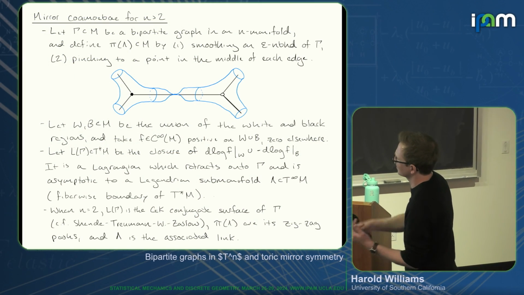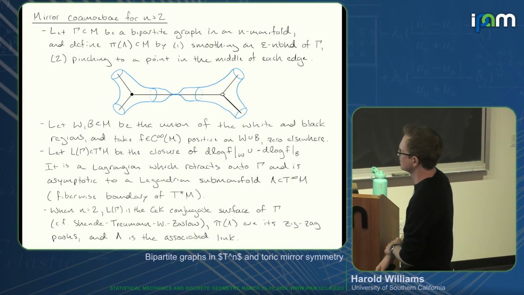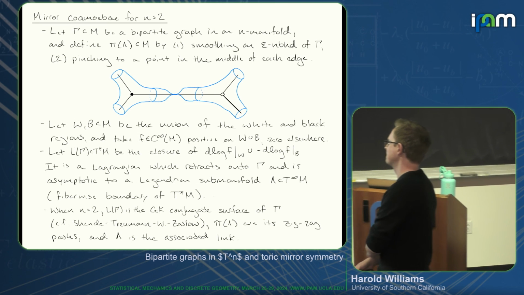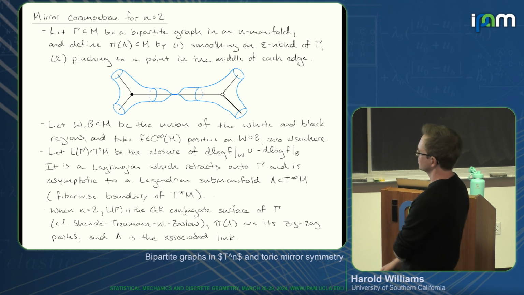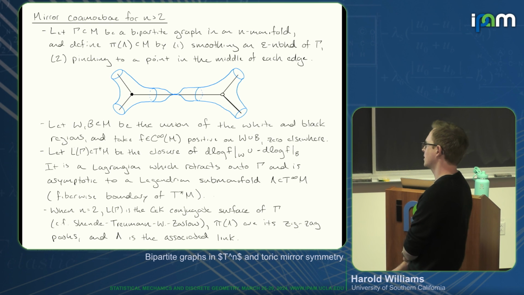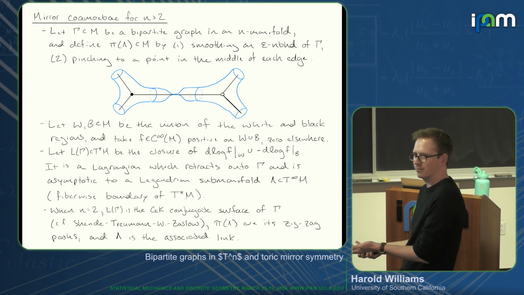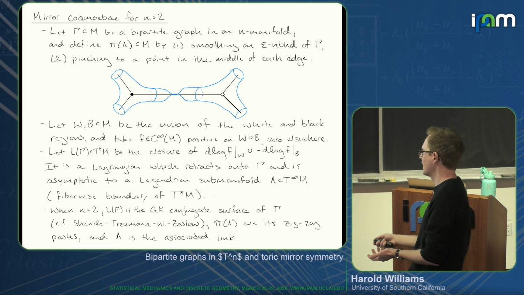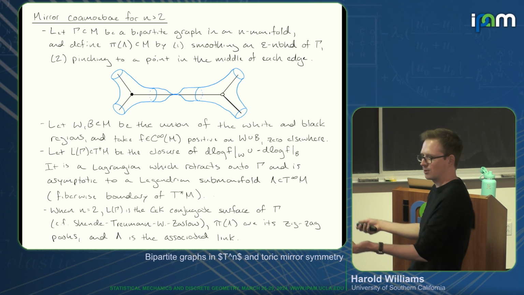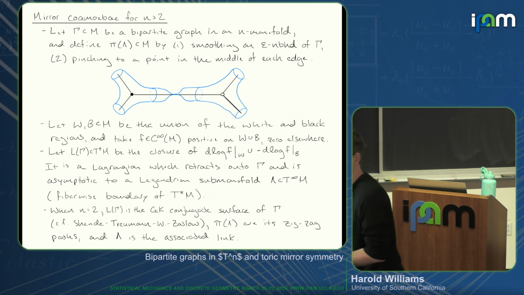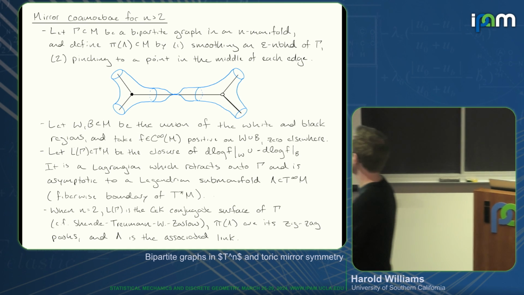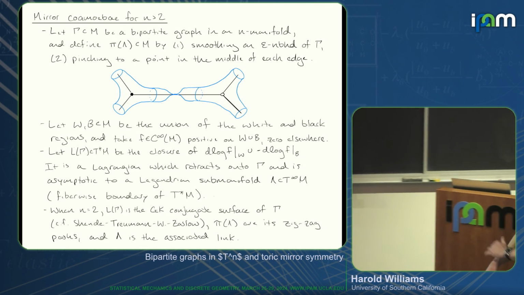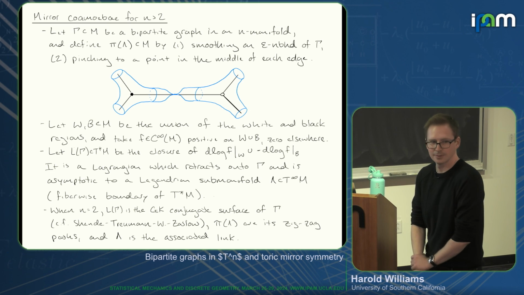I guess the theorem from the other page was with Treumann and Zaslow in a subsequent paper. So this is a higher dimensional version of the conjugate surface and the conjugate Lagrangian. Pi of lambda is a high dimensional version of the zigzag paths of the graph. And lambda is a higher dimensional version of the link associated to the graph that we've seen a few times. All right, so questions about this construction?